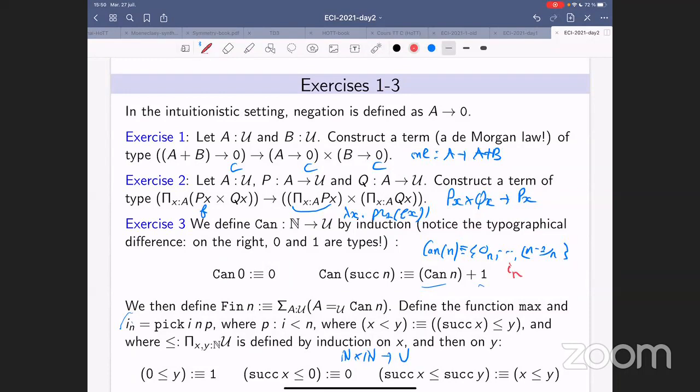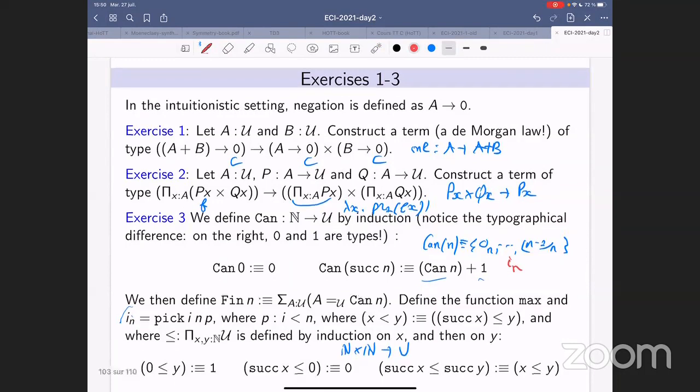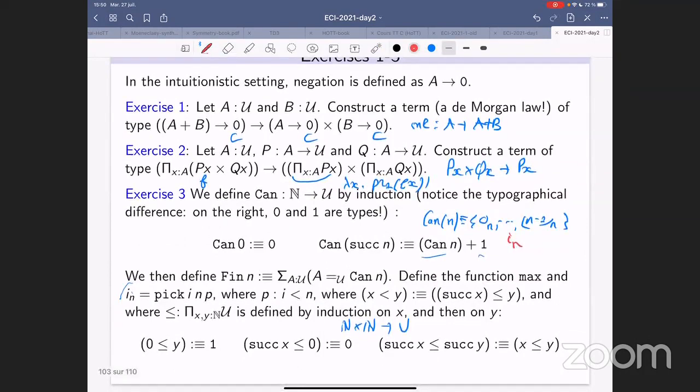So you see that this predicate must appear somewhere in the formal program that will produce it. Okay, so the exercise is to define these two functions properly, and the predicate is defined here.